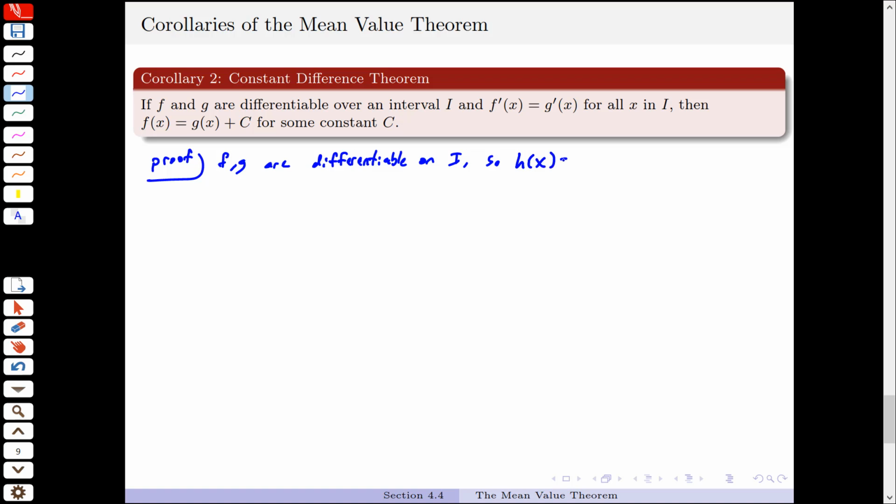If I define h of x to be f of x minus g of x, and f and g are differentiable, then h of x is differentiable. And if it's differentiable on I, then it's also going to be continuous.